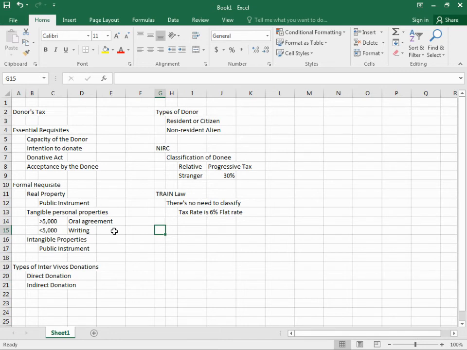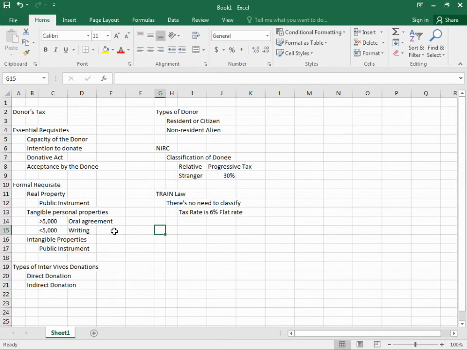One is the Aquaculture Department of the Southeast Asian Fishery Development Center, the Development Academy of the Philippines, University of the Philippines, mga ganyan. Kapag donation sa mga institution na accredited by our NIRC, then it will be an exempt donation. Okay? Another one is donations for election campaign.